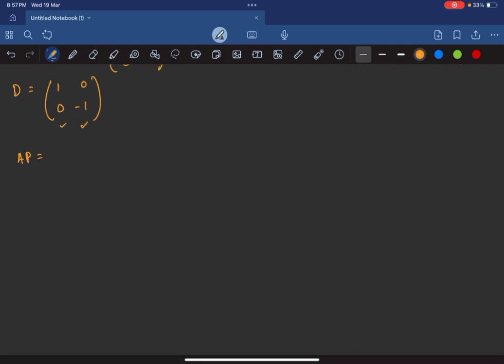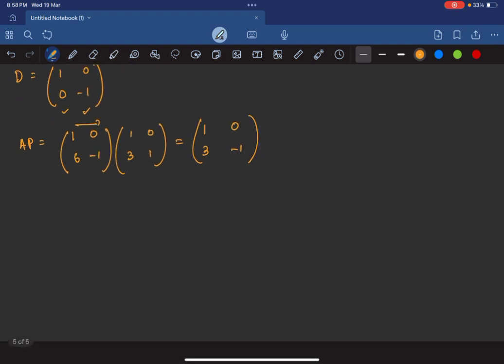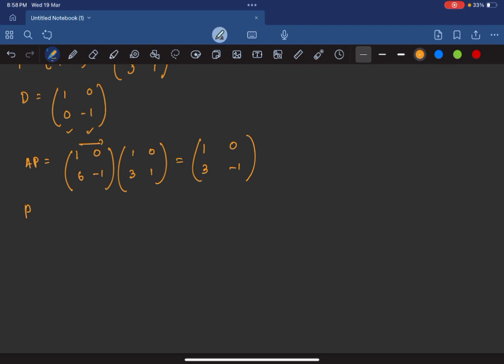Now we need to check AP, whether AP equals PD or not. A is the matrix given as 1 0, 6 minus 1, and P is 1 0, 3 1. So you just do the matrix multiplication. So here you have 1, 0, 6, minus 1. Similarly, calculate the PD part.